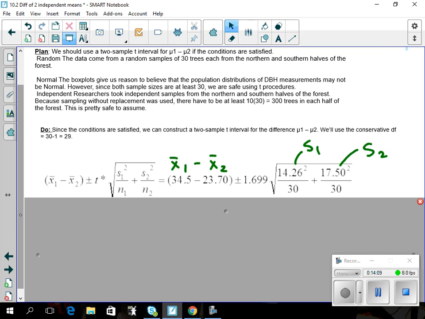Notice our formula here. That's new. So make sure that you have that. I think it's on our formula sheet as well. If you look at difference of means on your formula sheet, it's still in the last column, but kind of midway down. So the formula is there. You don't have to memorize it.